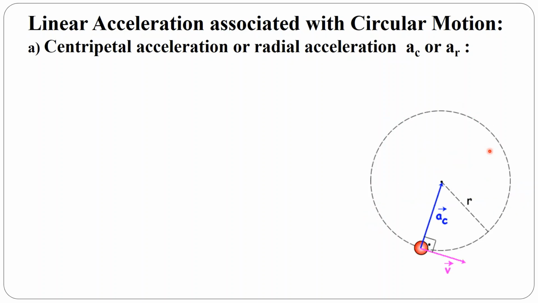Both have directions, and these directions change with the position of the particle along the circumference of the circle. Hence, it is an accelerated motion. So we consider two main types: centripetal acceleration, which is along the radius, and tangential acceleration, which is along the tangent.